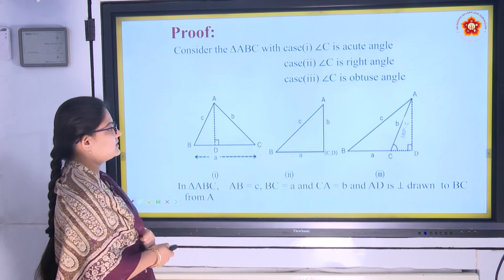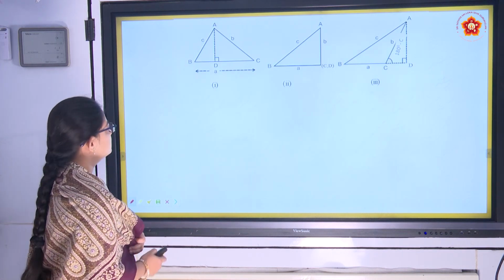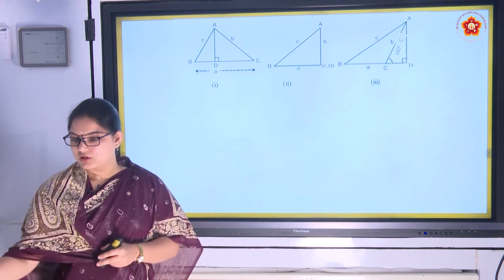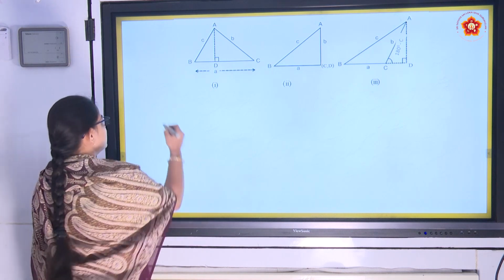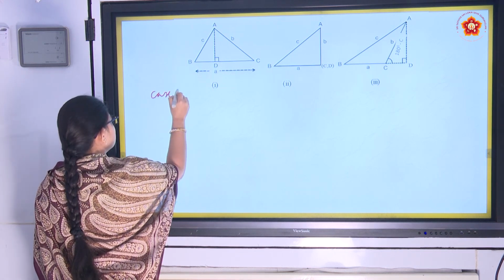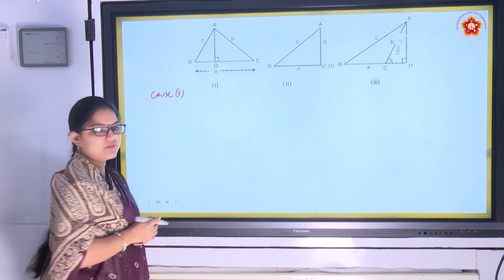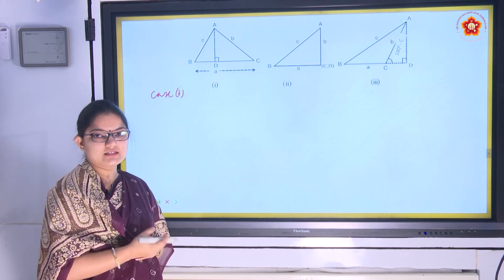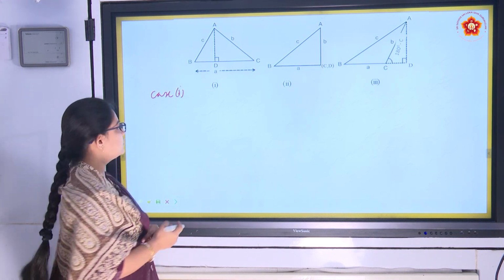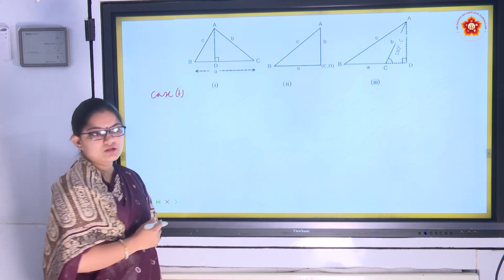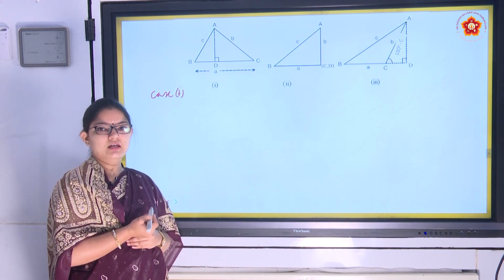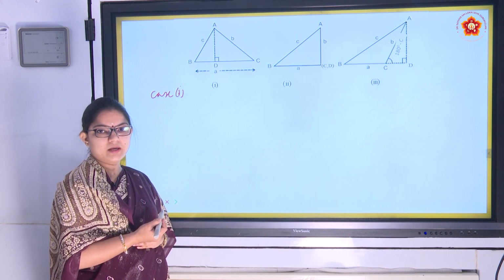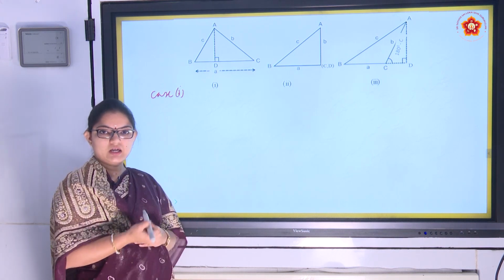Now let us prove this. Let us take case 1, and find out in all the 3 cases what sine B and sine C are. In order to find sine B, whenever you have a right angle triangle, sine of any angle can be found by using opposite by hypotenuse.